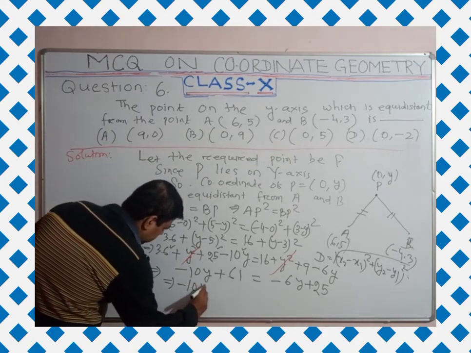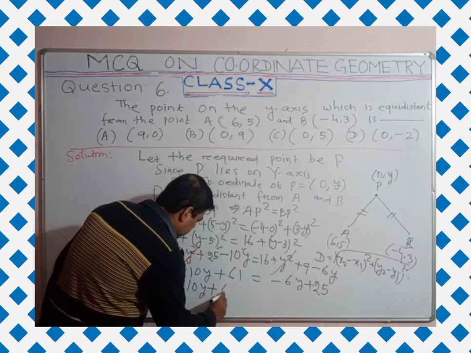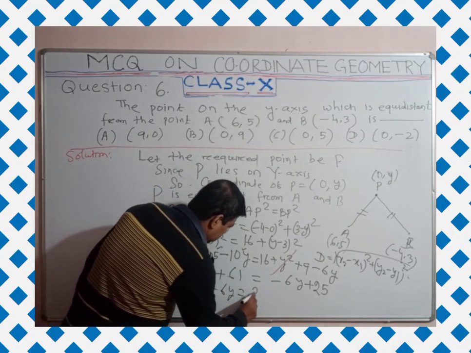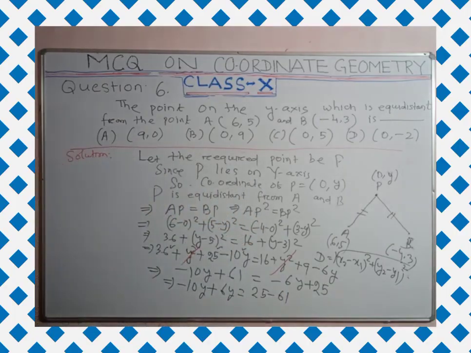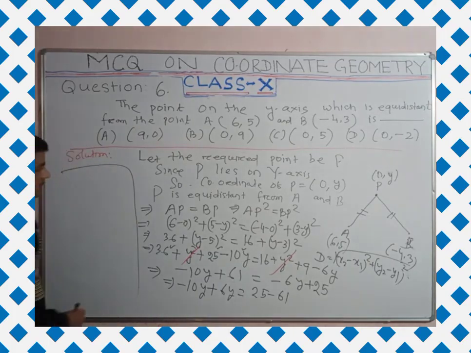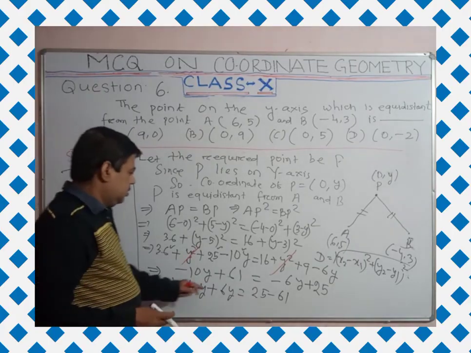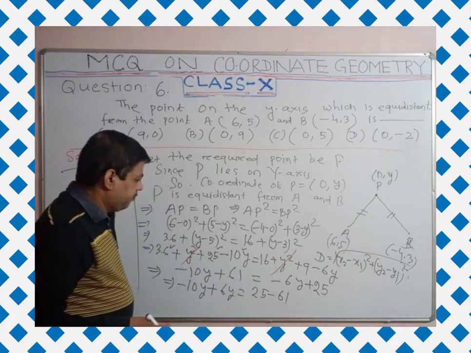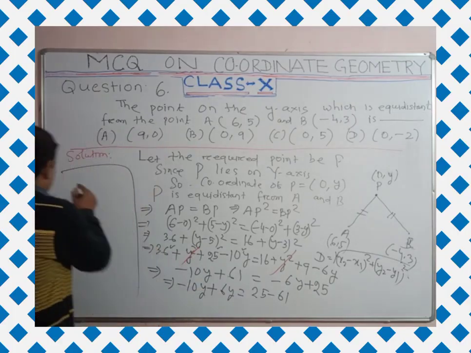So minus 6y will be transposed to the left hand side and become plus 6y, and 61 goes to the right hand side, so 25 minus 61. Minus 10y plus 6y will be minus 4y.